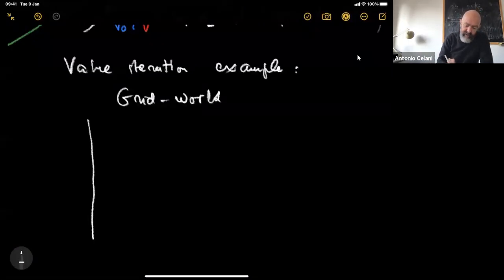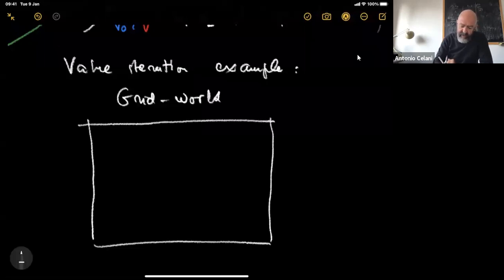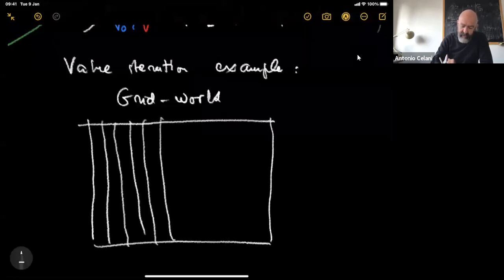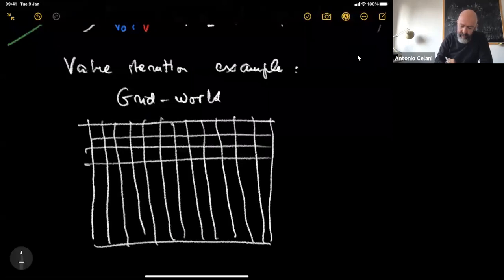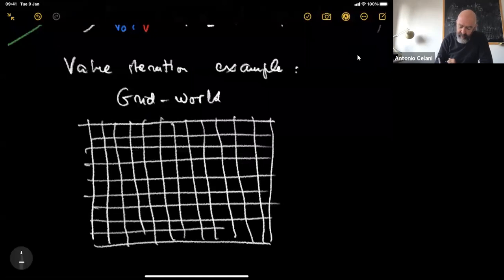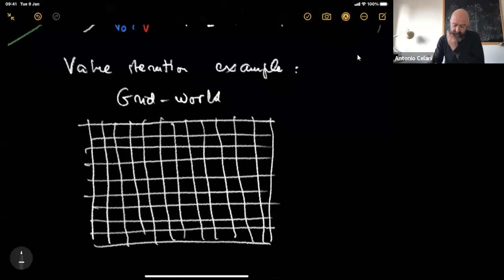So we're going to take a very, very simple instantiation of grid world. You remember, grid world is a decision problem, a Markov decision problem, which takes place on a grid, not surprisingly so. Okay, sort of how Picasso would draw a grid, probably, but your imagination will rectify everything.